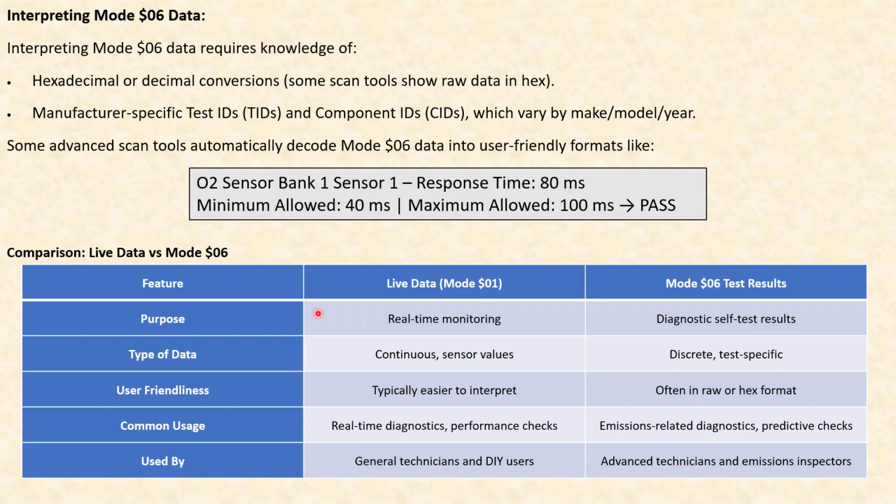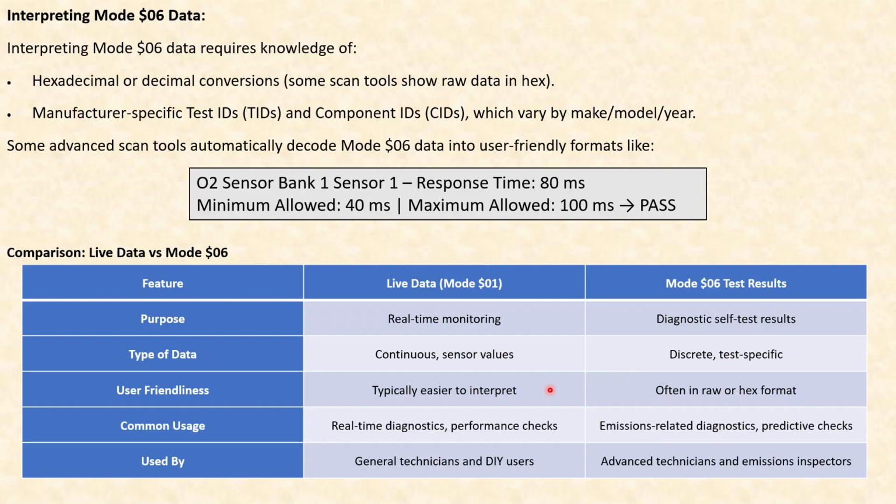I request all of you to pause the video and see this comparative table between live data mode 01 and mode $06 test results. When it comes to purpose, live data is real-time monitoring, and mode 06 is diagnostic self-test results. Type of data: live data is continuous sensor values, and mode 06 is discrete, test-specific.